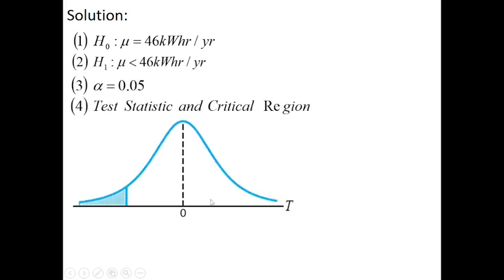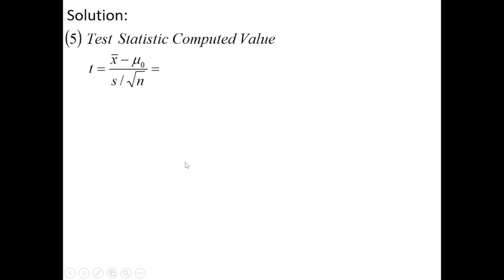All right, so we have t-test, then the computed value of t. So we have now 42 minus mu sub 0, 46 kilowatt hour per year. Okay, considering 12 homes, we got 42 kilowatt hours per year.